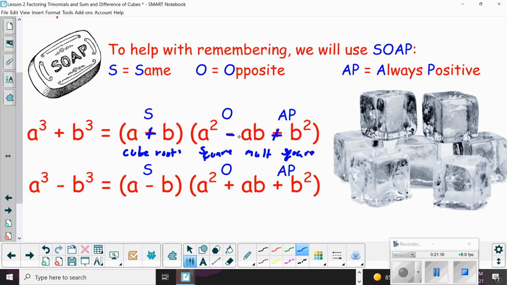A times b goes here, and b squared goes here. Notice I don't need to think about signs, and I just take the absolute values of those. Again, over here, same, it's subtraction. Opposite, it adds, always positive. Boom. This pattern, cube roots and then squared, multiplied, squared, that's all. You just have to memorize it.